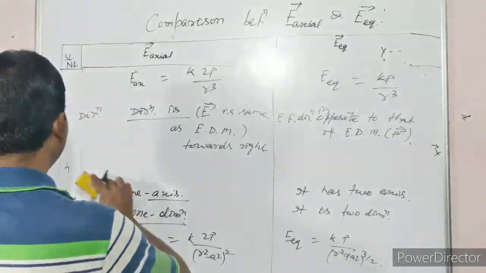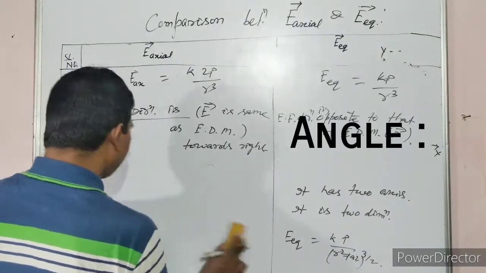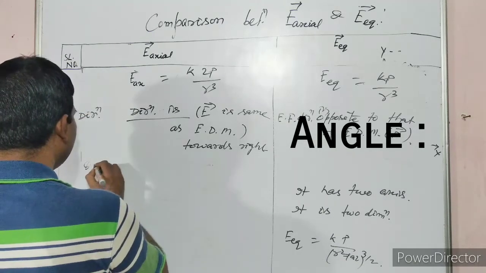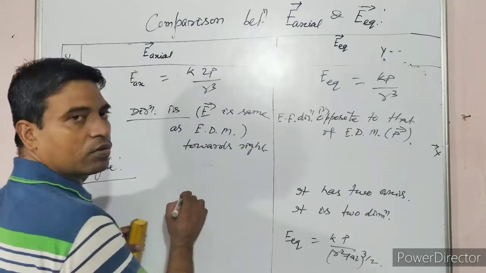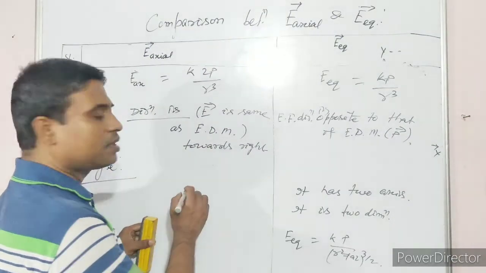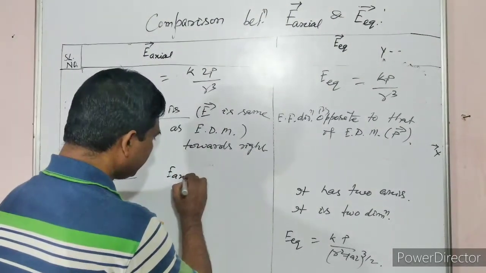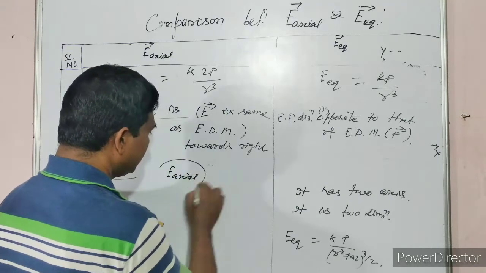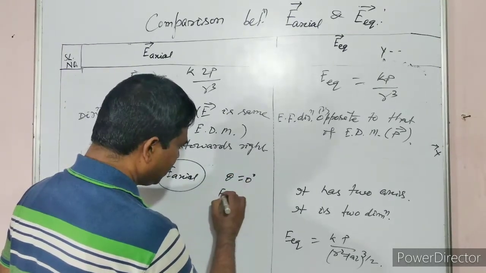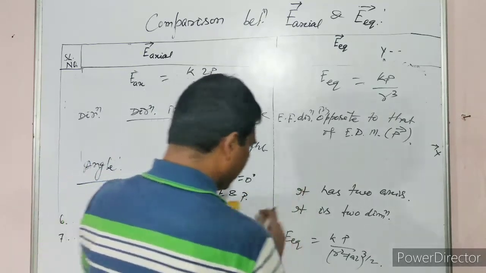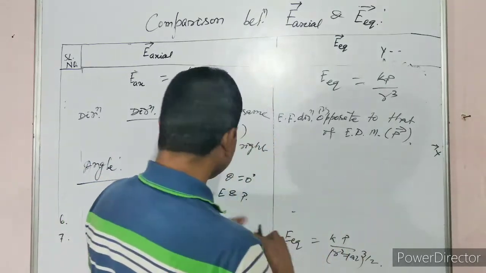Okay, then angle, what are you getting? In case of axial line, how much angle did you get? In case of E axial, the angle theta is equal to 0 degree between E and p. Here the angle is how much?